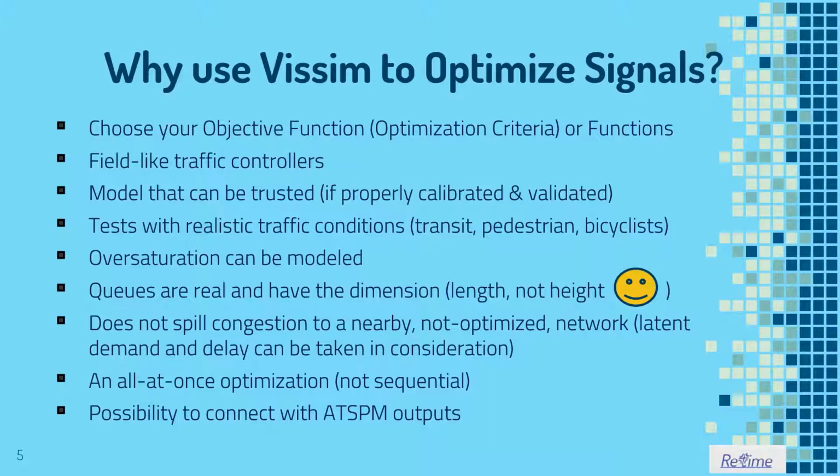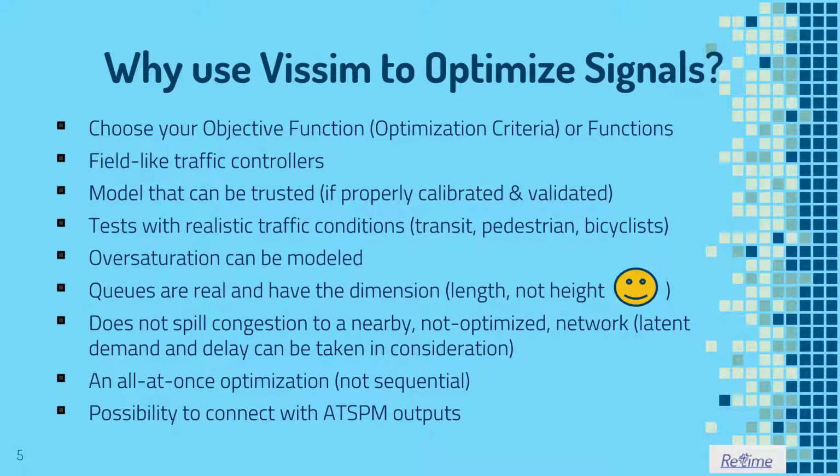We can have queues with real dimensions instead of building virtual queues in the sky, essentially, as is the case with analytical models. And we can also control how much of that congestion is spilled onto the nearby network, which is not optimized. We have no control over that when we use analytical models.